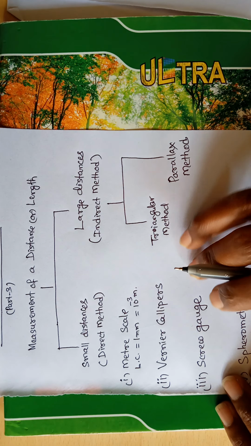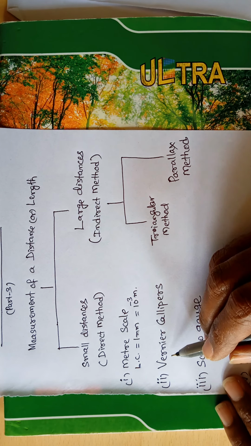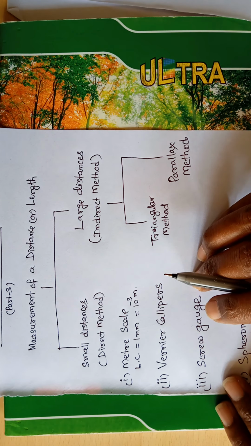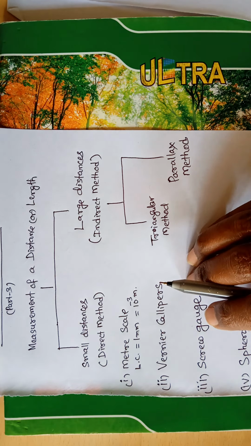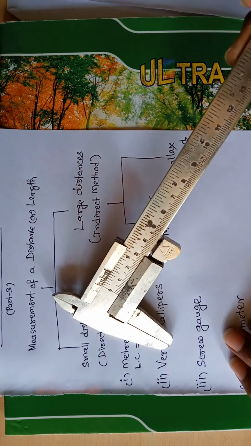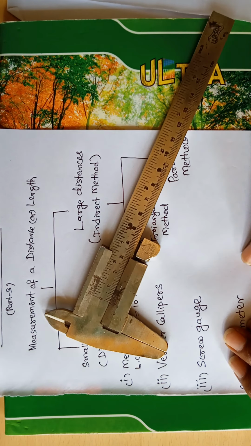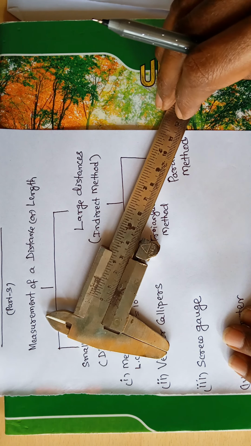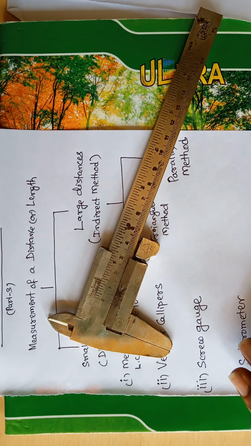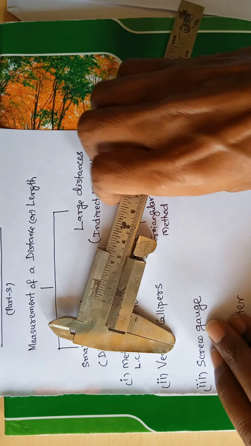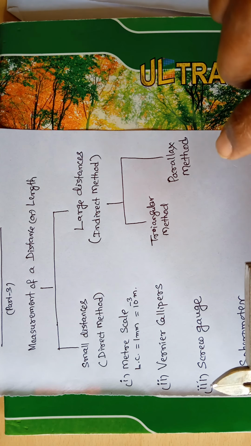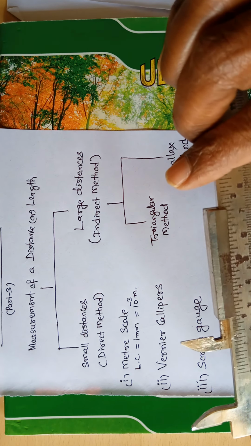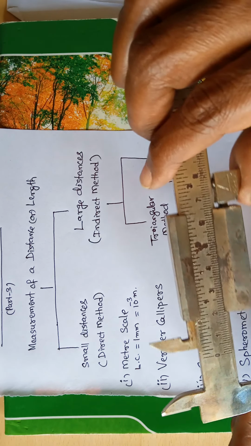Next, vernier calipers. Did you see vernier calipers? This is the vernier calipers. This consists of two scales. See, you can move this to and fro.